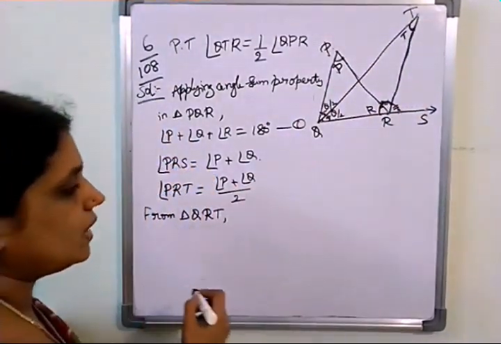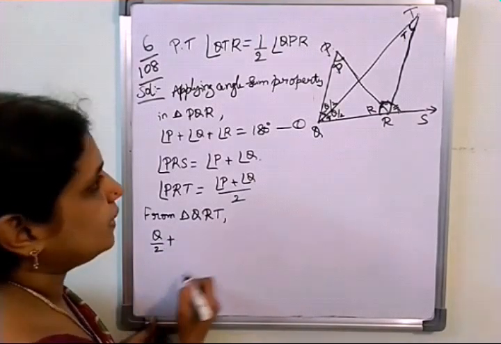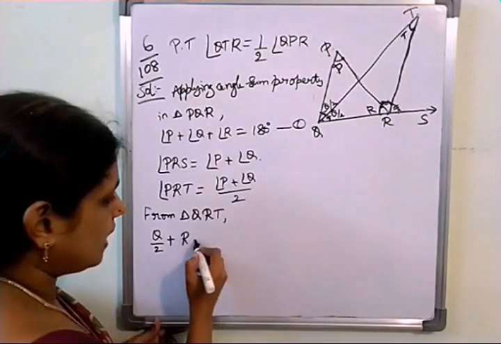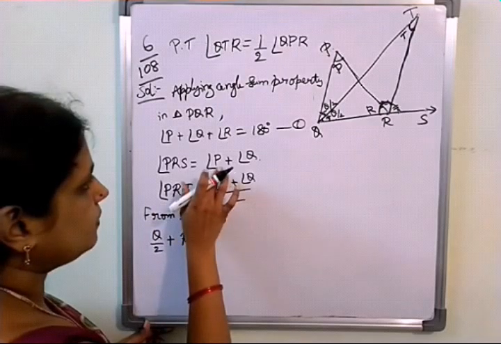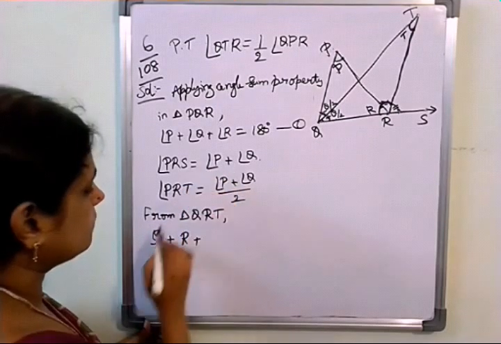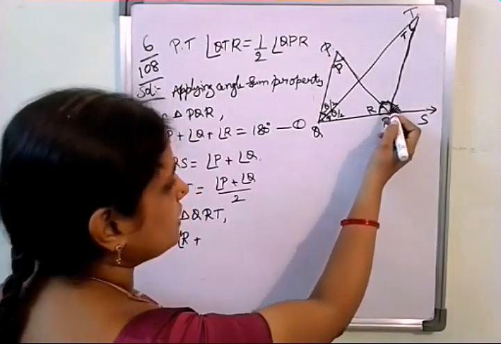So now we are going to apply the angle sum property, that is Q by 2 plus what is this angle? R plus, here actually P plus Q, you can write like this. R plus, what is this angle?